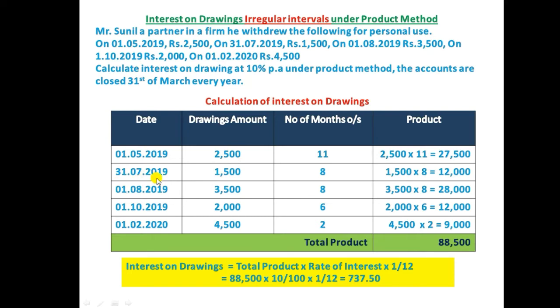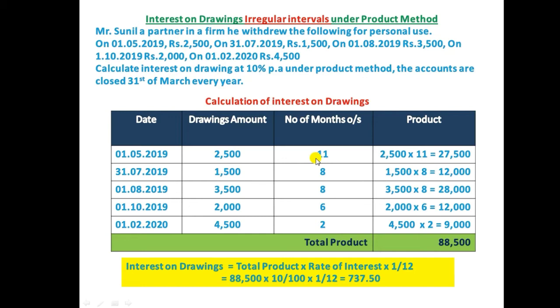Likewise 31/7/2019 1500, 1/8/2019 3500, 1/10/2019 2000, and 1/2/2020 4500. So we record them as it is. After recording date and drawings amount, we need to calculate number of months outstanding for each drawing.